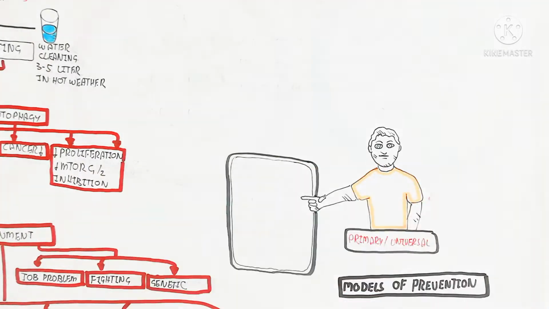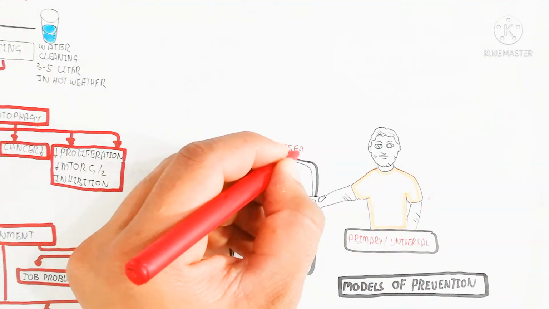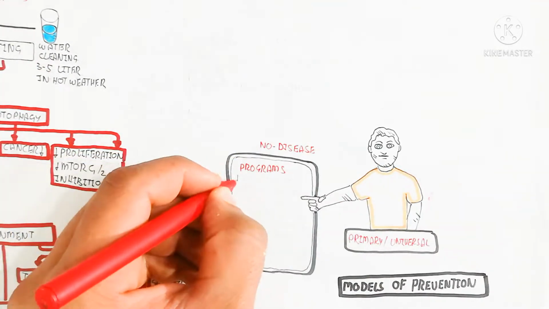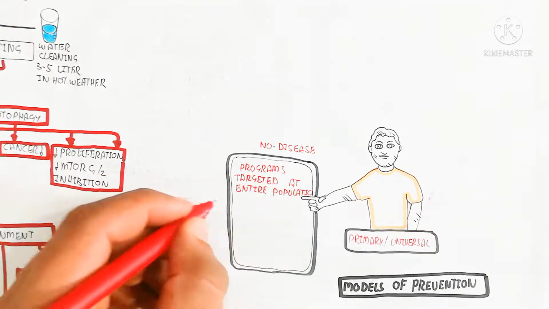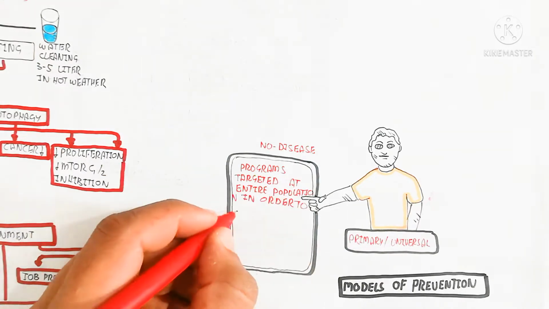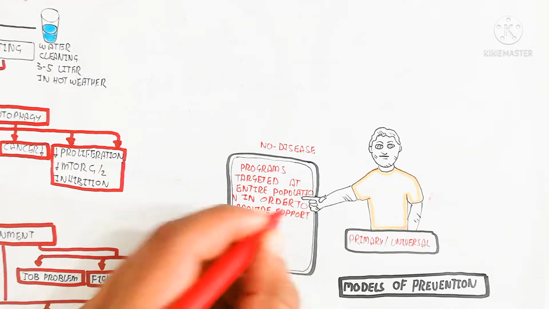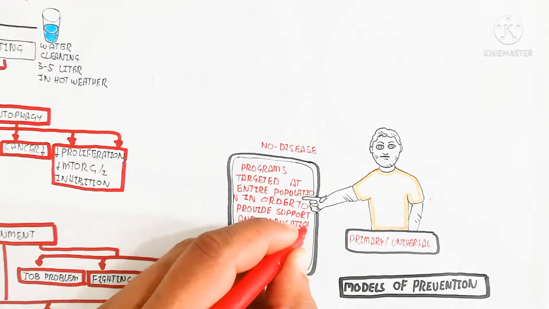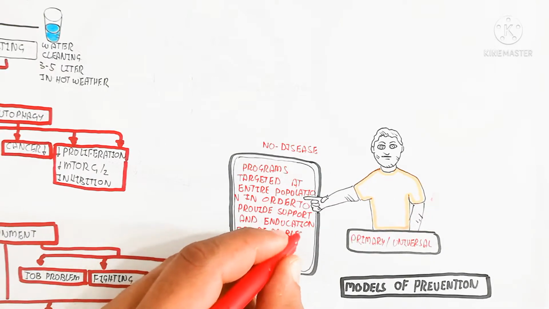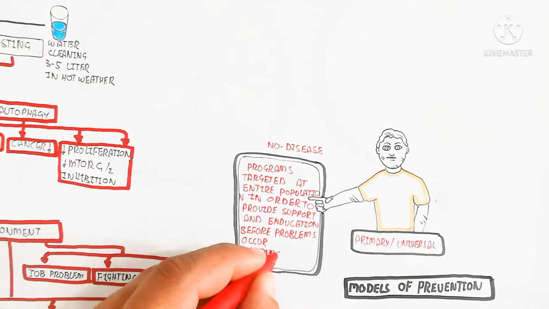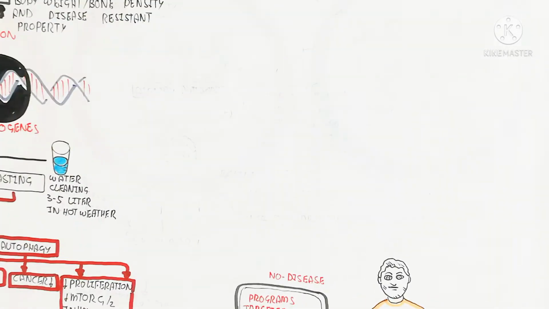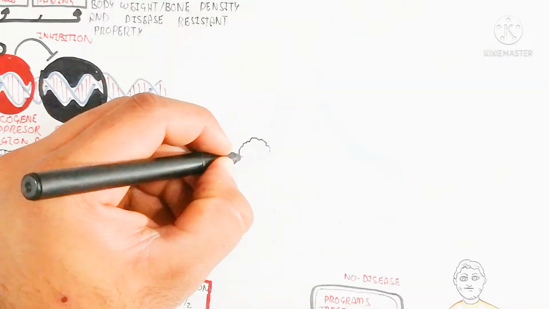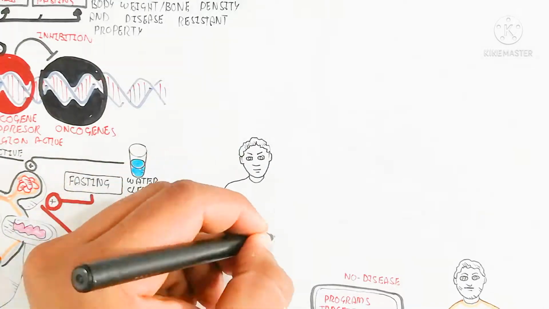Here is the model of prevention we will discuss. This is the primary universal step, and we will go from lower to higher. When there is no disease, programs are targeted at the entire population to provide support and education before problems occur, leading to health checks.